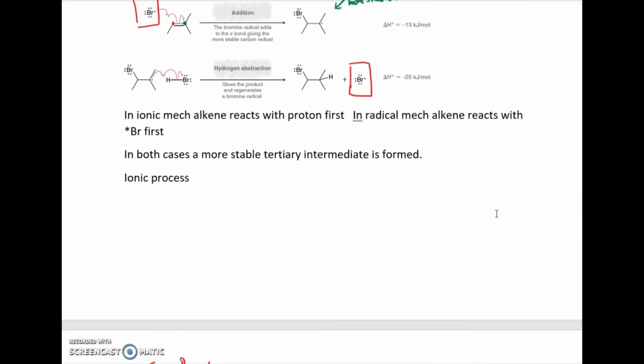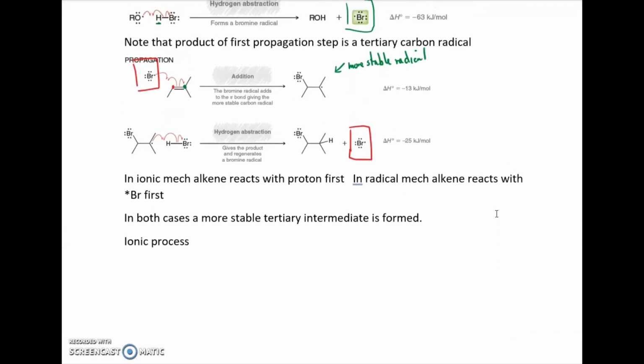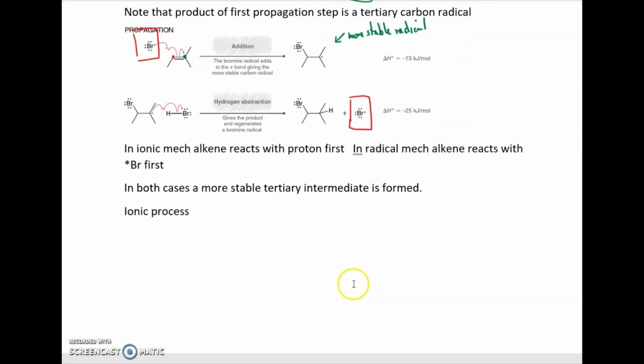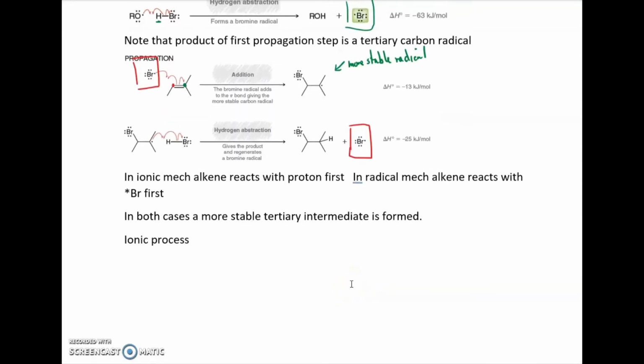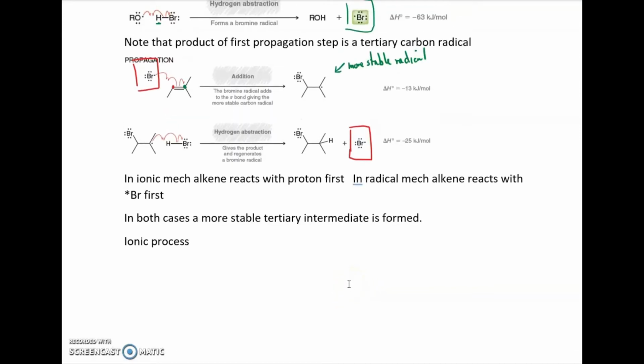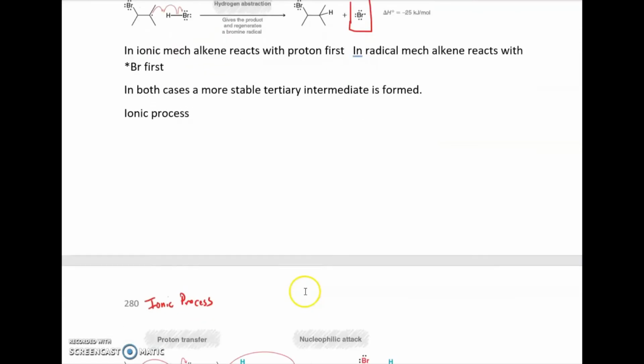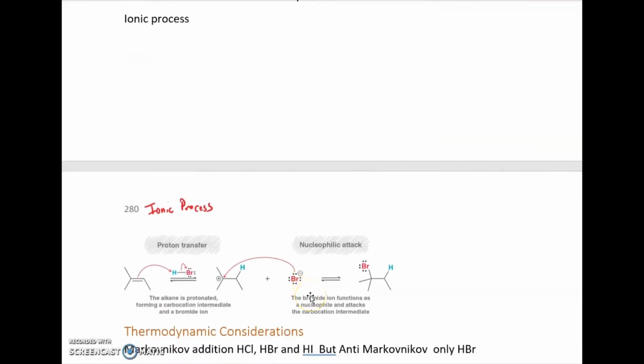If you look up here, the bromine is added first in this process. And so the bromine goes to the less substituted position, leaving the more substituted for the hydrogen. So that's the difference. It's the order. With the radical process, the bromine goes first, so it goes to the less substituted position. With the ionic process, the hydrogen goes first, so it goes to the less substituted position.